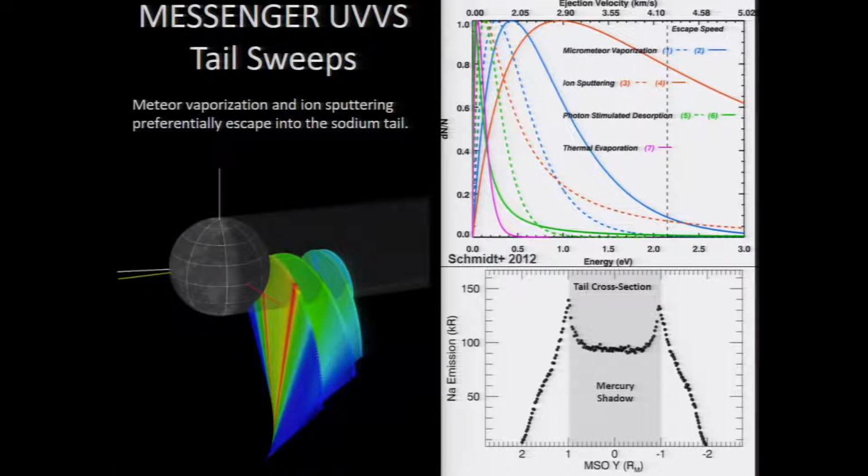And then the data that we use to search through are these MESSENGER observations called tail sweeps, where you're out here at apogee, staring up north back at Mercury and taking these fan sweeps through the tail. You get a cross-section that looks something like this, where you traverse Mercury's shadow, and that turns off the sunlight that is exciting the gas, so you don't see it there.